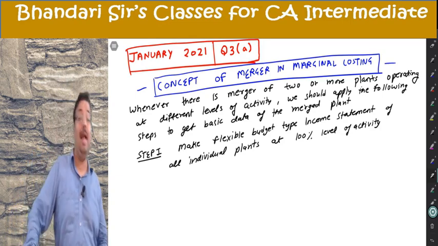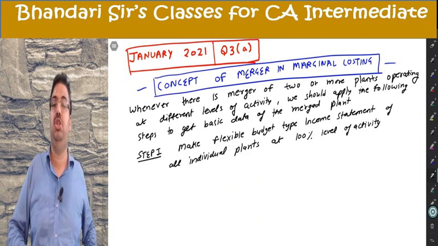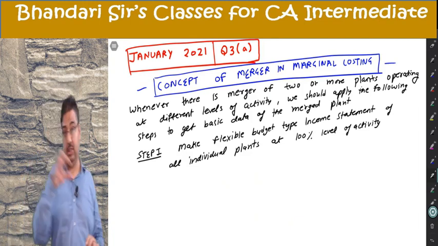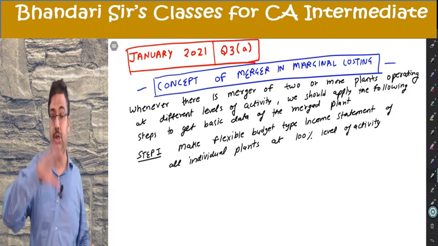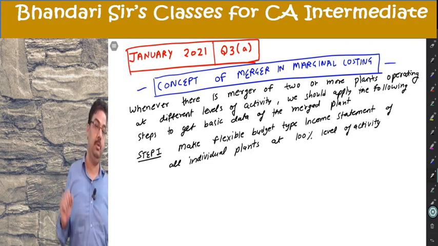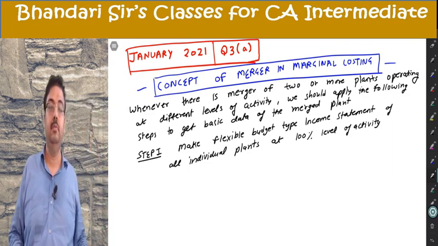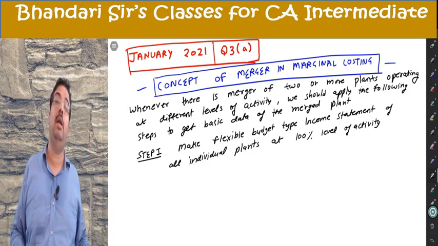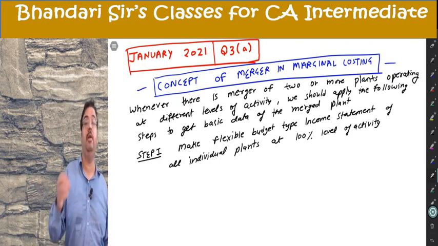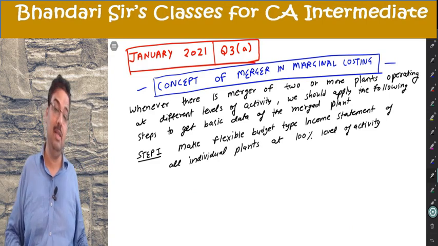Fixed cost was 1 lakh, will remain 1 lakh, will not change as a result of flexible budget. So fixed cost same, variable cost proportionately reach 100%, sale proportionately reach 100%. You will get the data. If there is semi-variable cost, you need to get either trend or bifurcation into fixed component, variable component, and then make the similar analysis.